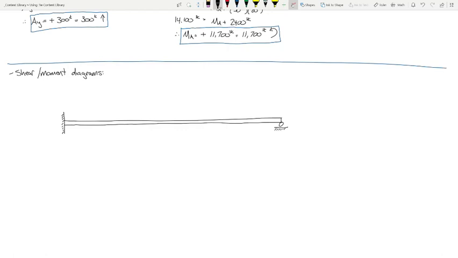Okay, so here's the beam, and we'll say the hinge. We're going to put the hinge about right there. Again, we're going to put it on there, but we can kind of ignore it for the purposes of our shear moment diagram. So we had a distributed load across the entire beam.